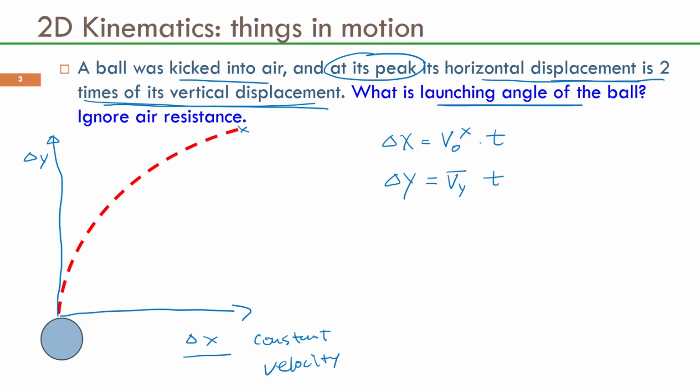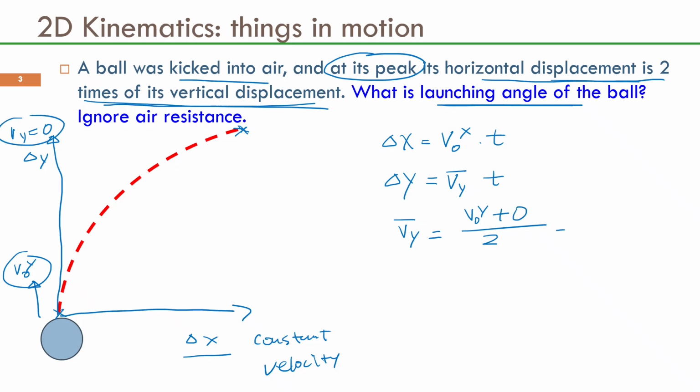And how do I find my average vertical velocity? I know my initial vertical velocity is v0y right here. And I know at the peak, my vertical velocity becomes 0. So the average vertical velocity from here to here would be v average equals half of my initial vertical velocity plus 0, my vertical velocity at the peak.